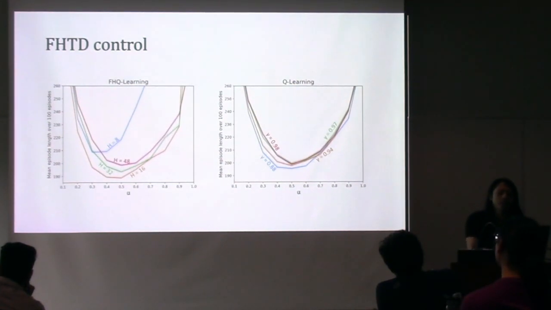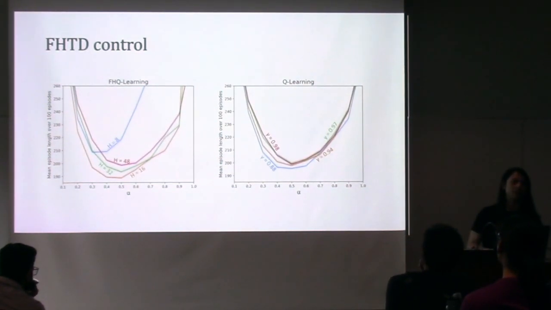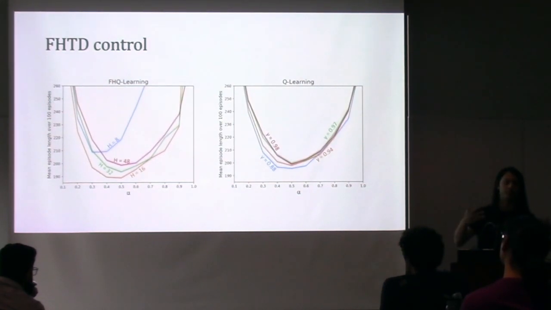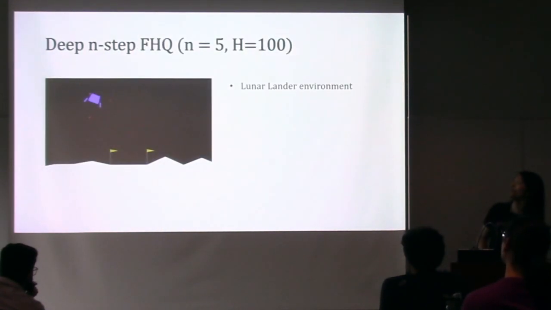And so this is a very simple problem where a finite horizon approach might look good in control, and there might be a benefit to using these shorter horizons or shorter predictions beyond the objective you're trying to measure. But I tried this in a deep setting where I did deep multi-step finite horizon QLearning, where the way I handled the multi-step thing was to treat all of the rewards on policy and then just bootstrap off of the off-policy thing with the Q values.